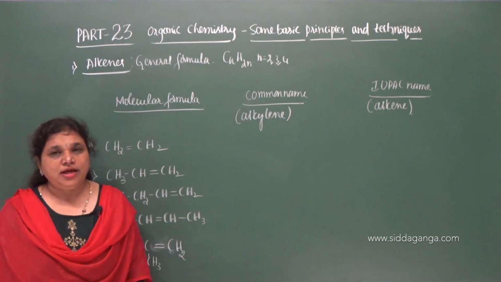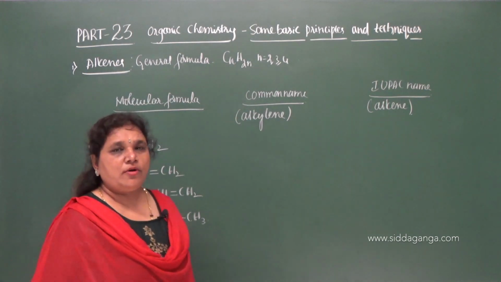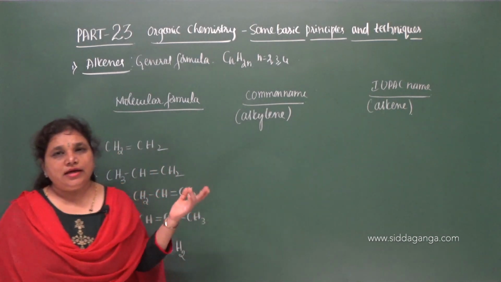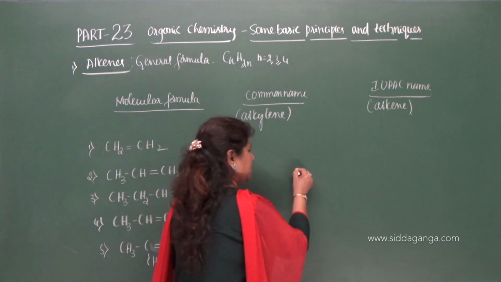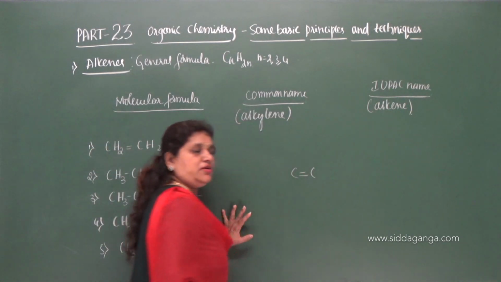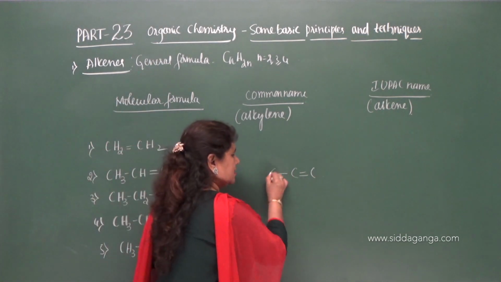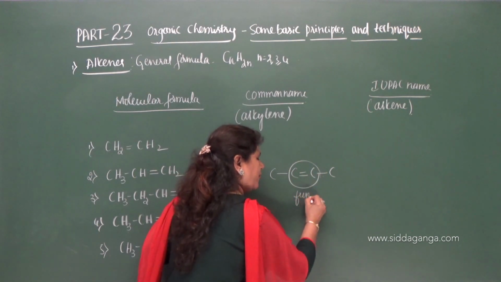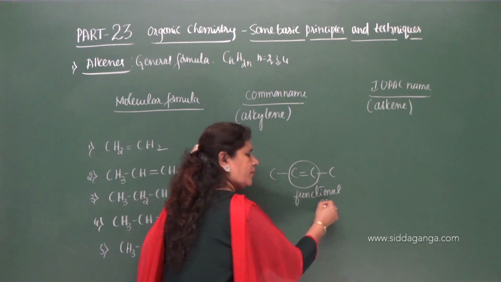But in common name system, to give the position of this double bond or a triple bond, we need to use the Greek letters, say alpha, beta, gamma. So, for example, this is the double bond. Double bond is between these two carbon atoms. The carbon adjacent to this, and we need to consider this as a functional group. It is nothing but a functional group. Okay.